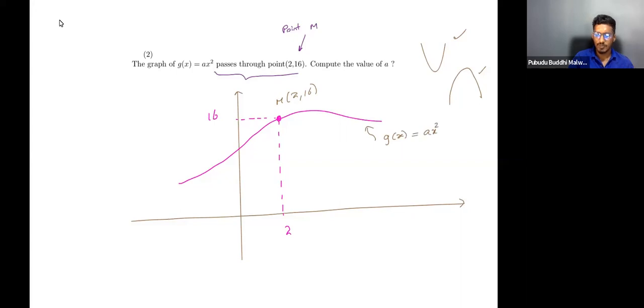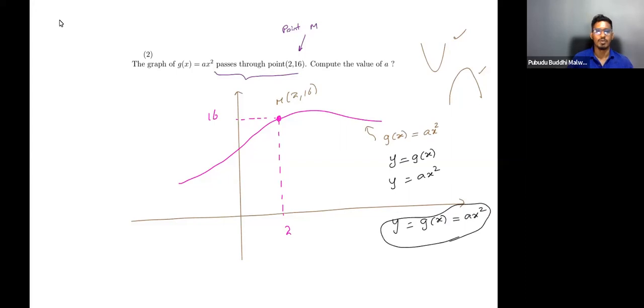I think it's worth putting y instead of g of x because we can do that. Someone can write y equals g of x, and also y equals ax squared. Don't worry about those ideas.